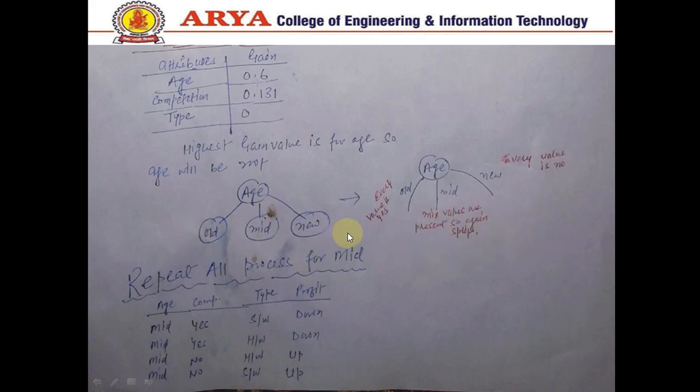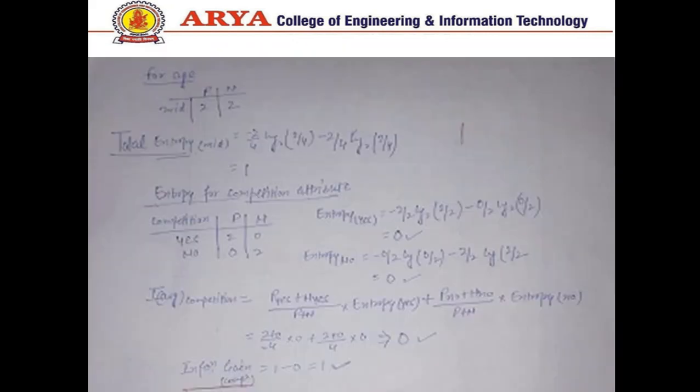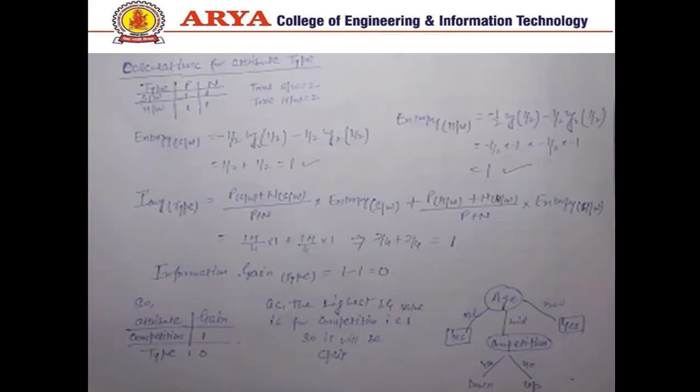We can also see which node will be split further: in case of old every value is yes, in the same manner in case of new every value is no, but in case of mid mixed values are present.